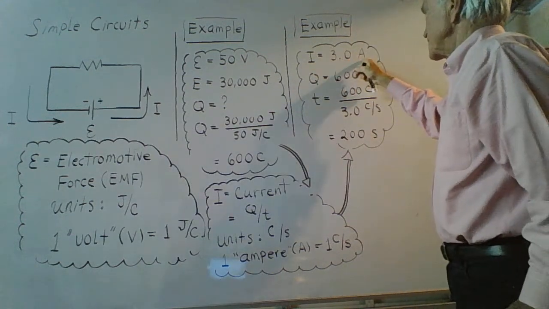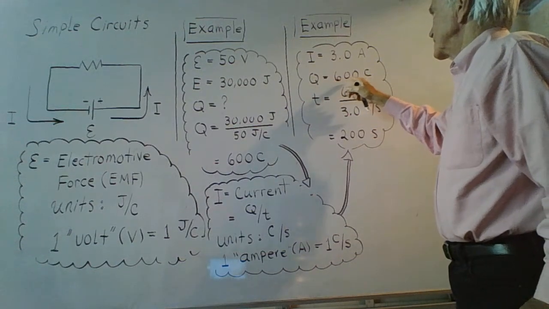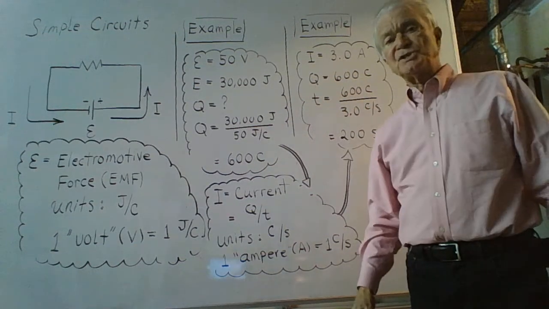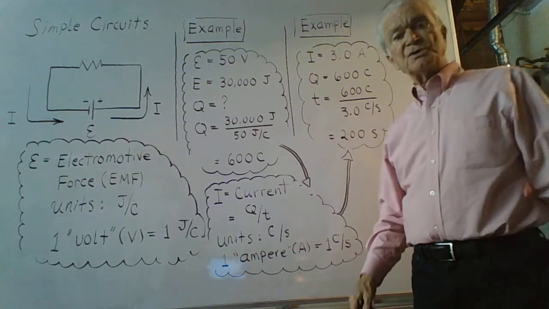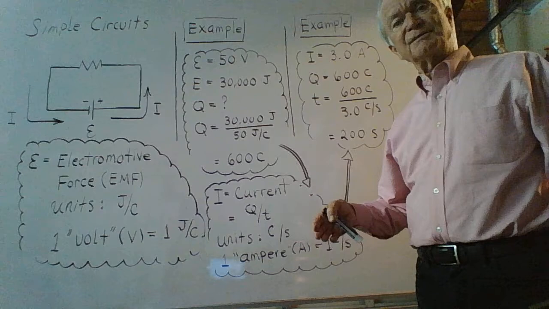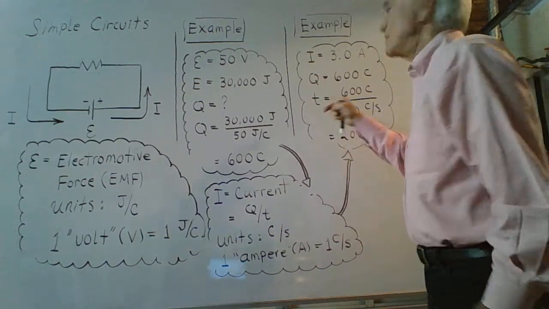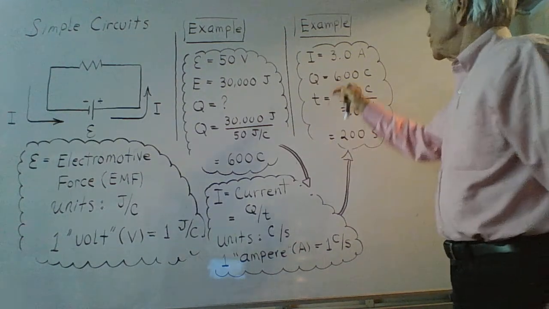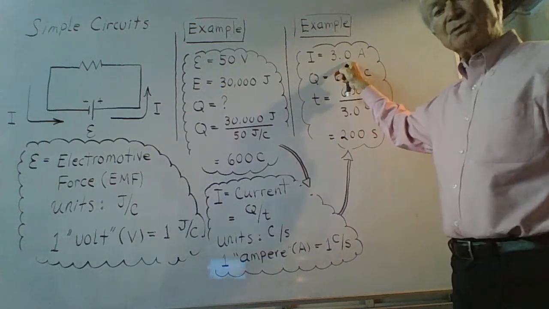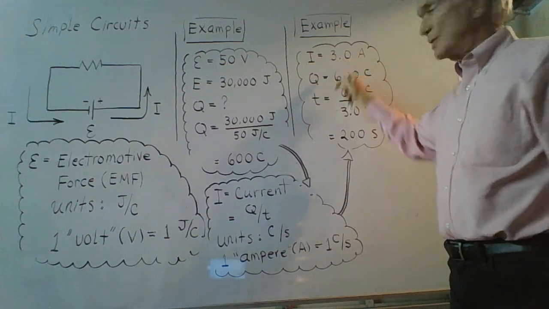3 amperes out of the battery. We know that the new battery is capable of releasing to an external circuit 600 coulombs before it's dead. How many seconds then can this battery last doing this job, which is to output 3 amperes of current?